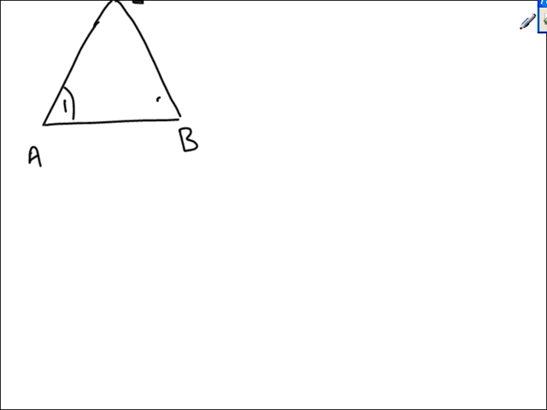So, like always, we are going to start off with a triangle. Triangle ABC. And I am giving you that angle 1 and angle 2 are equal. So you're given angle 1 is equal to angle 2.